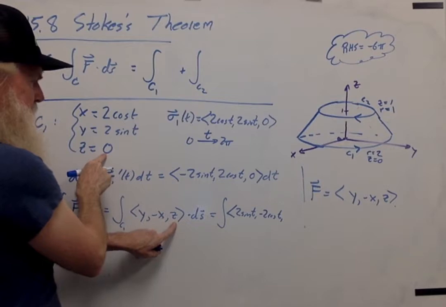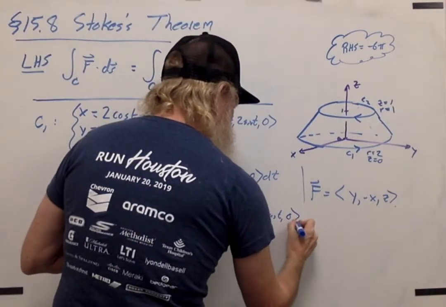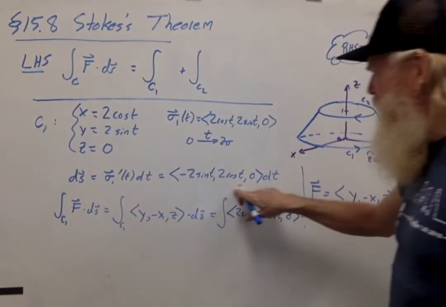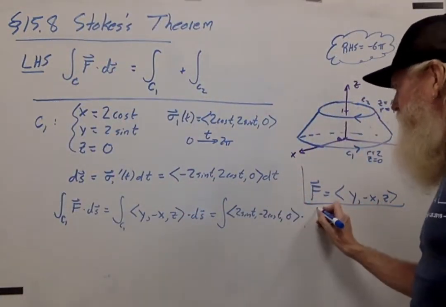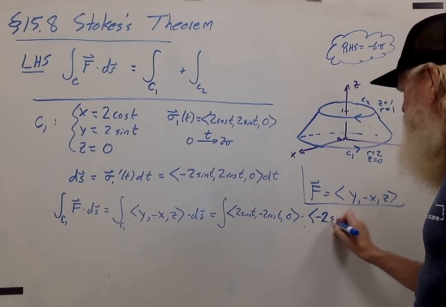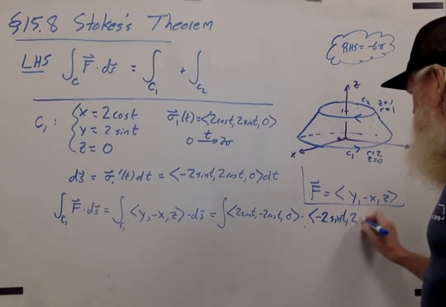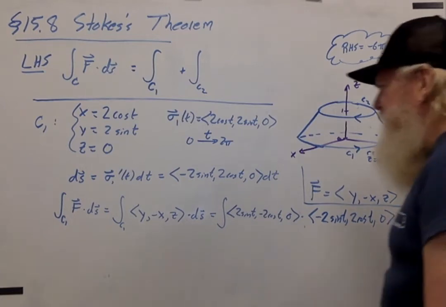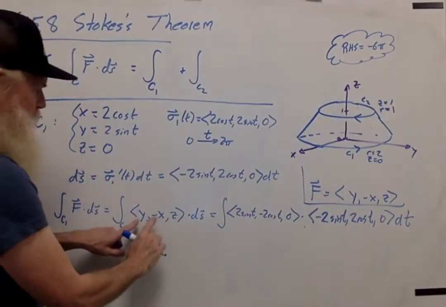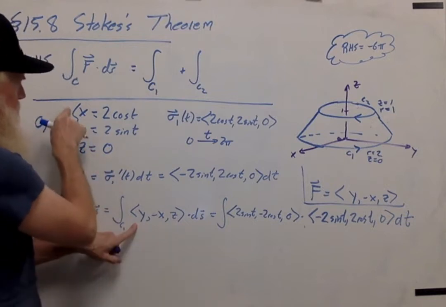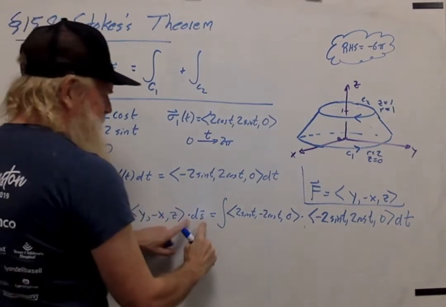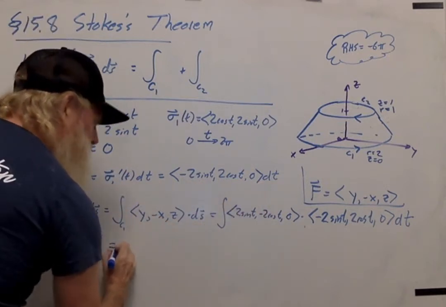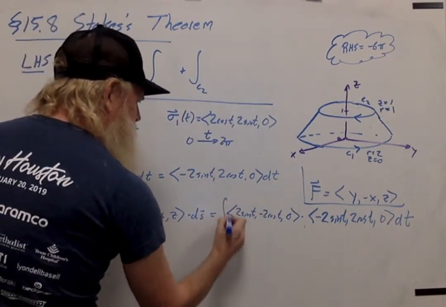And z is equal to 0. And I dot that with this formula I just found for ds, which is negative 2 sine t, 2 cosine t, and 0 dt. So important to remember, the x, y, and z come from the original parameterization. ds we calculated separately. Oh, and we know that t goes from 0 to 2 pi.